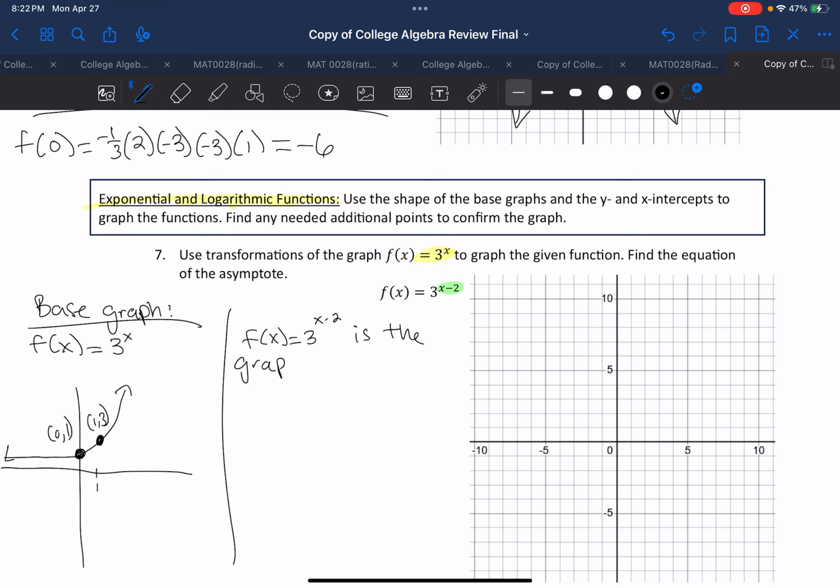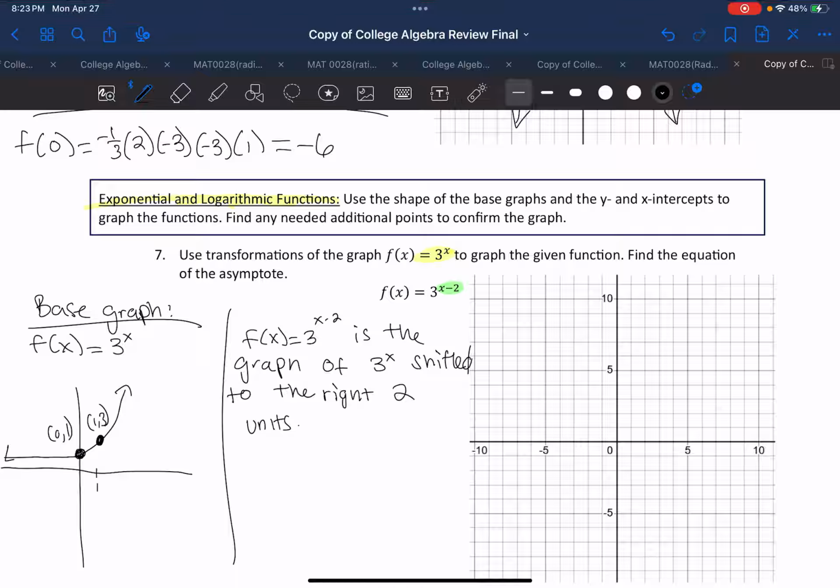So this is the graph of 3 to the x shifted to the right 2 units. And so those points that I had there will all shift to the right 2 units.